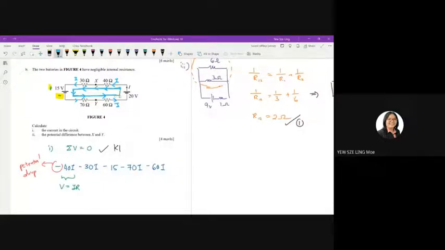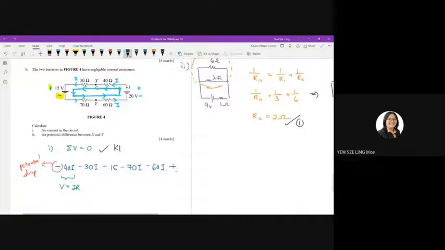Let us keep traveling until it goes back to the original position. But before it reaches the starting point, it passes through this battery, traveling from the negative terminal toward the positive terminal. The negative terminal is lower potential, the positive terminal is higher potential, which means your charge experiences a potential rise.